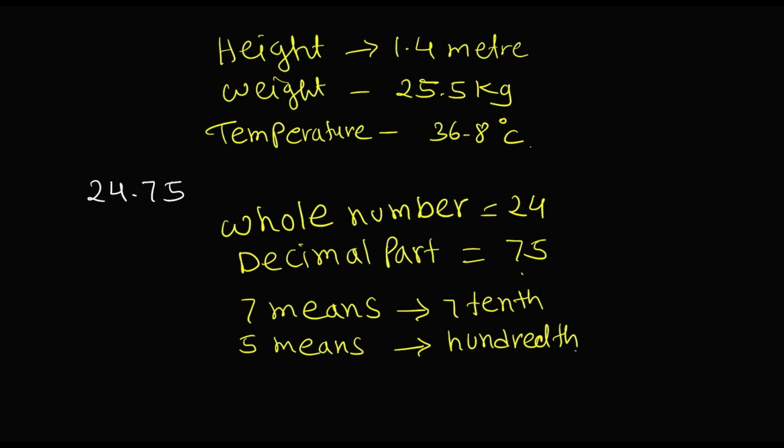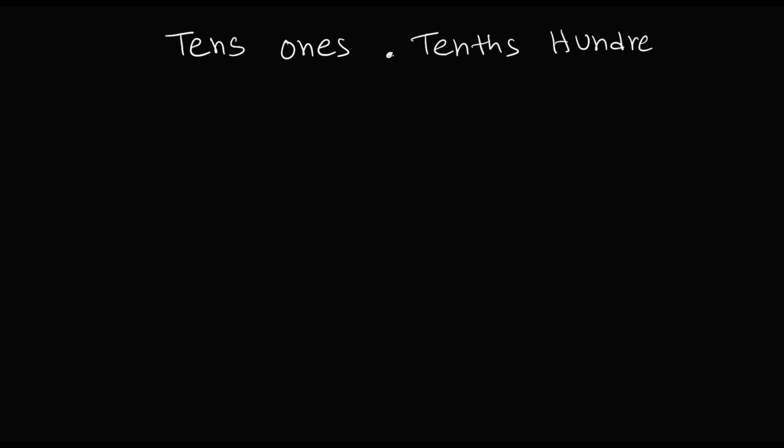Right? So let's look at the place value. Tens, ones, then dot, then tenths and hundredths. So we can write here, our number is 24.75.